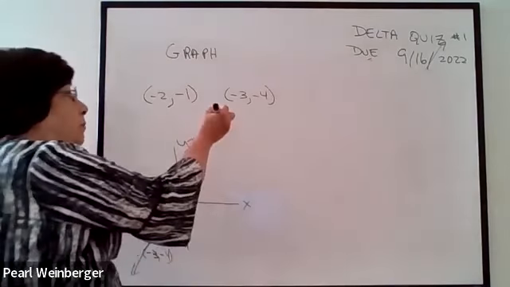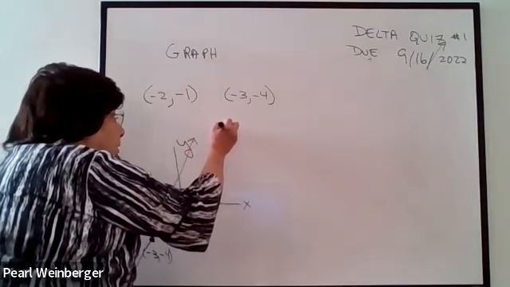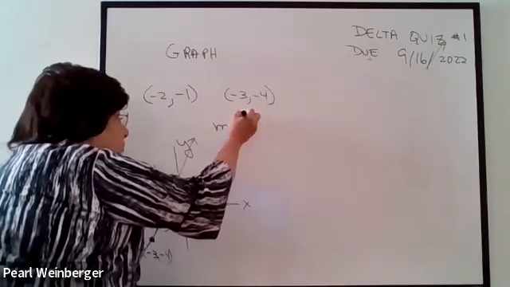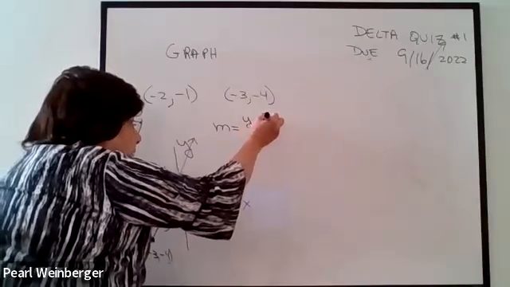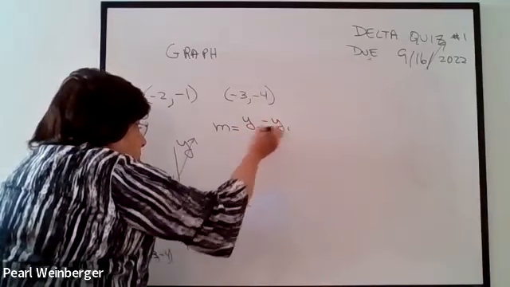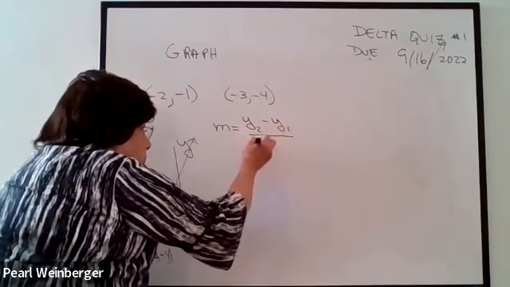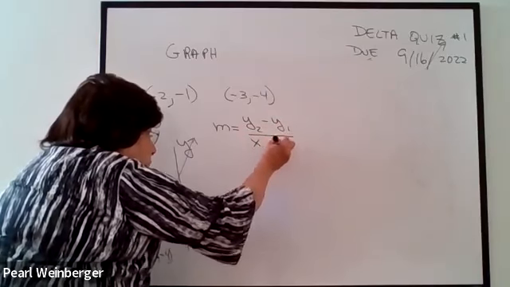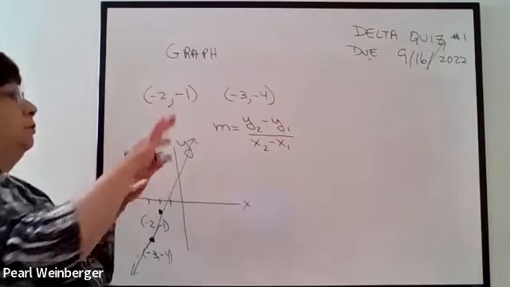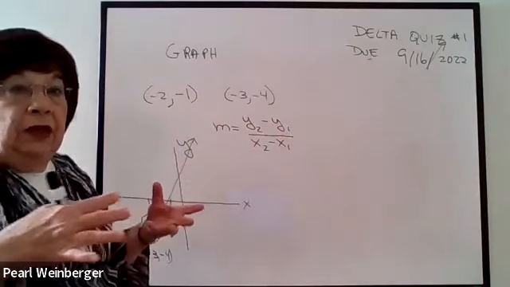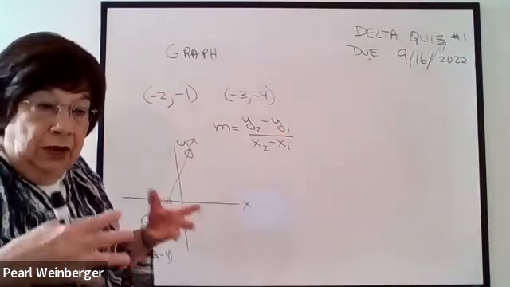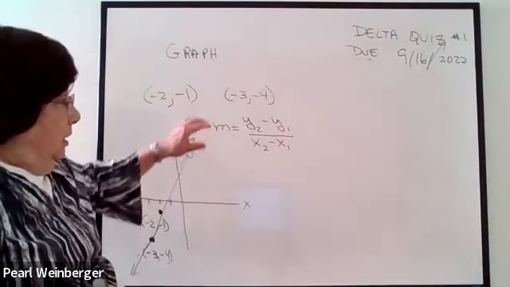It's called the slope formula. It goes like this: m equals y2 minus y1 over x2 minus x1, where the x's and y's that I'm talking about are the coordinates of the points.